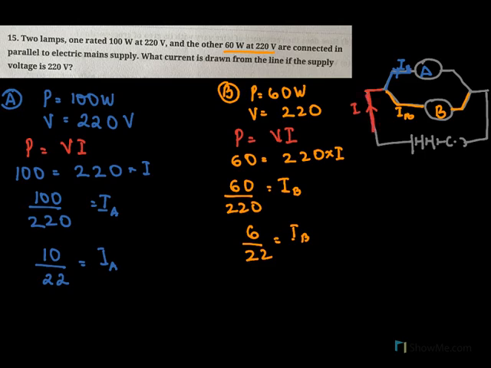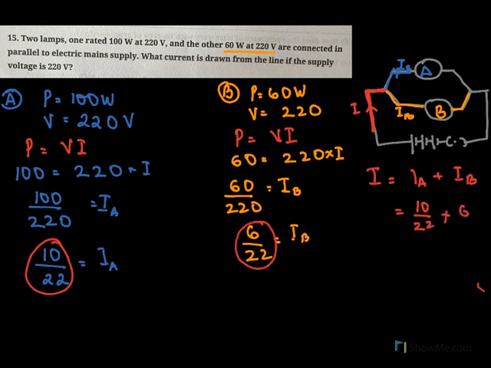So when this main current comes and flows at this point, it breaks up into 2. So I can say I equals IA plus IB, the current passing through bulb A and the current passing through bulb B. The current passing through bulb A we have seen is 10 over 22, and the current passing through B is 6 over 22.